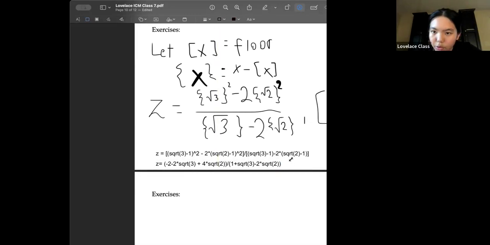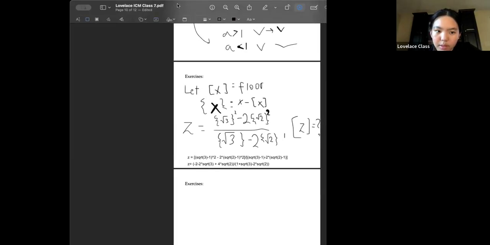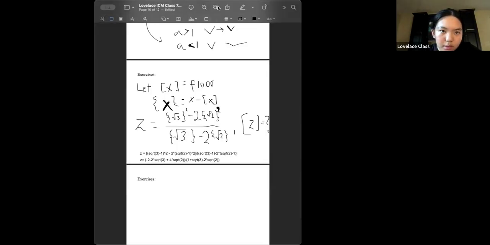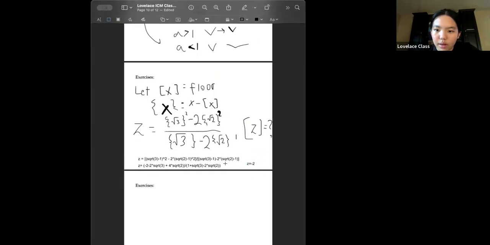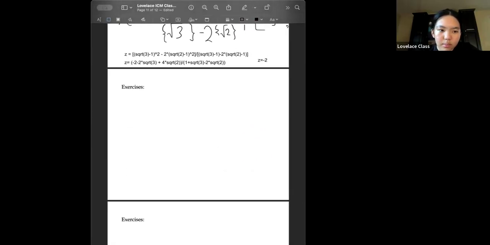If we simplify further, this gives us z equals negative 2. And clearly the floor of z is equal to negative 2. So that's our answer. All right, next question.